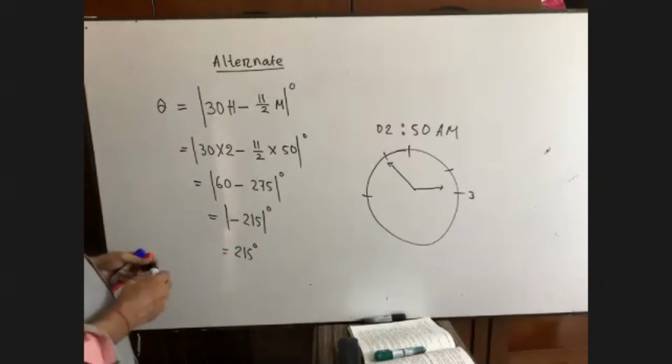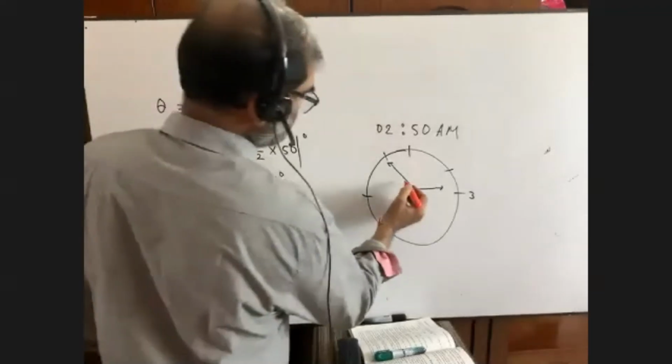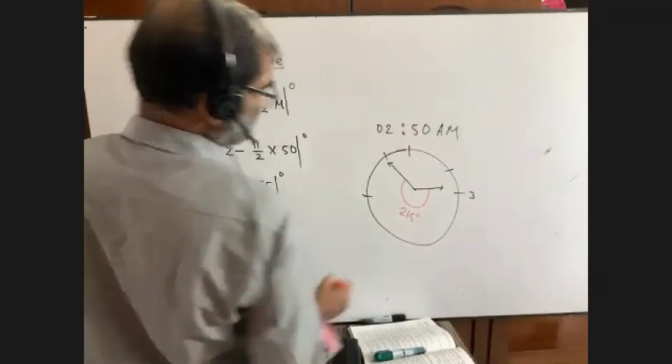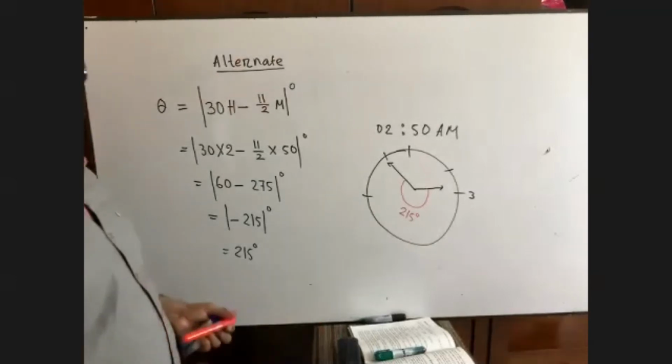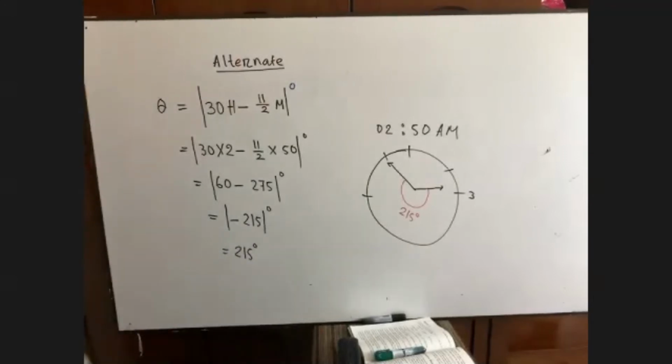Because it is 215 degrees, it is over 200 and it is a reflex angle, right? That I told you, and you saw today's password was reflex, right?